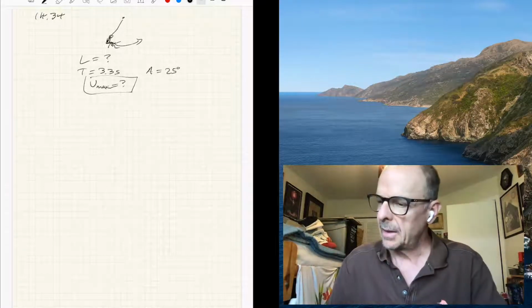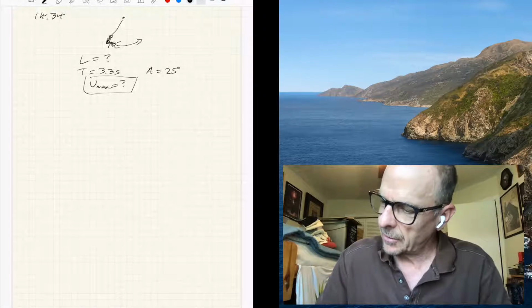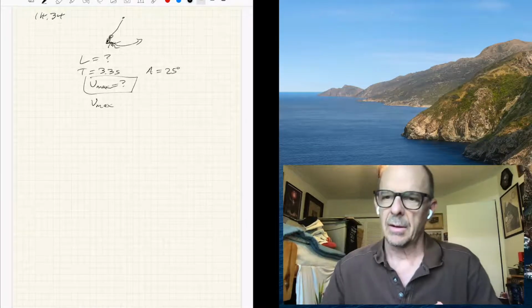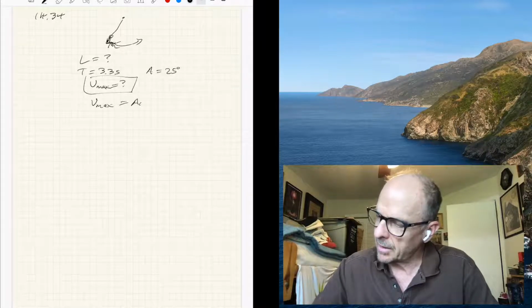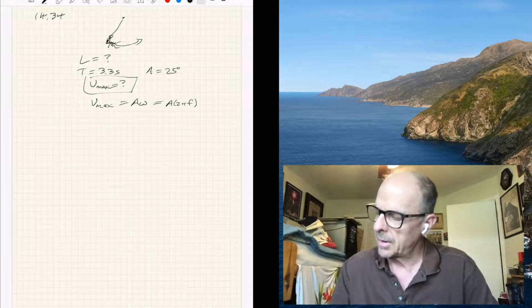Well, the maximum velocity for something in simple harmonic motion is just A times little omega, which is A times 2 pi f.